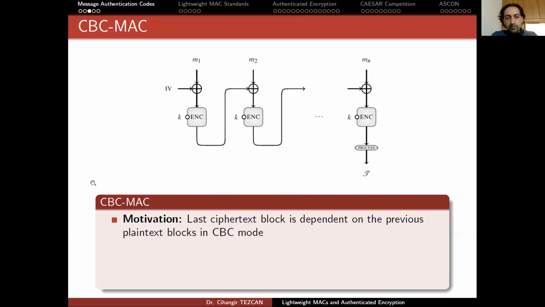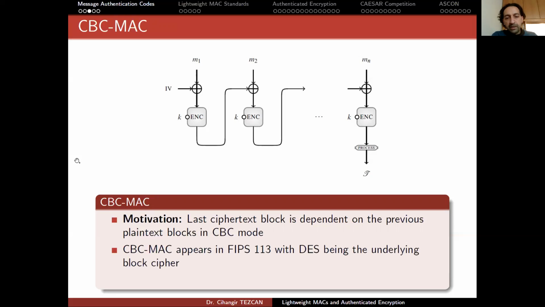So the motivation is as follows. The last cipher text block is dependent on the previous plain text blocks in CBC mode. So CBC MAC appears in FIPS 113 with DES being the underlying block cipher. So in a very old standard, this idea was used, but for the encryption, this document suggested using DES because DES was a standard at that time.